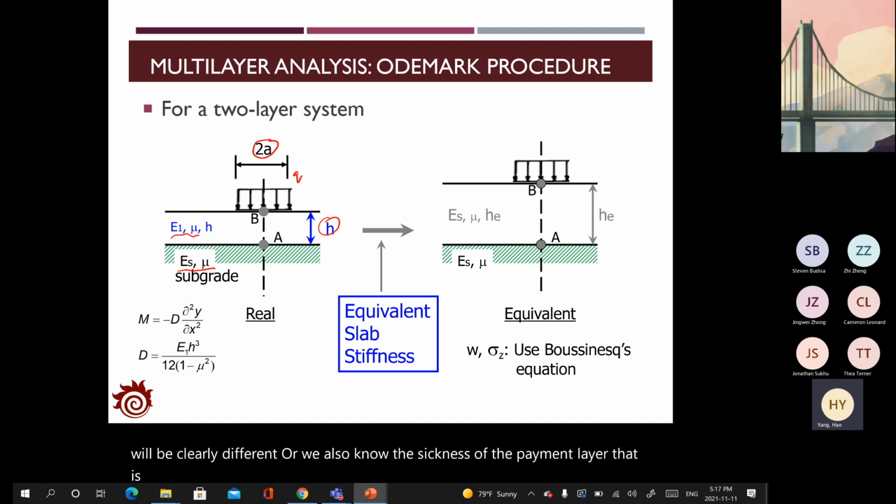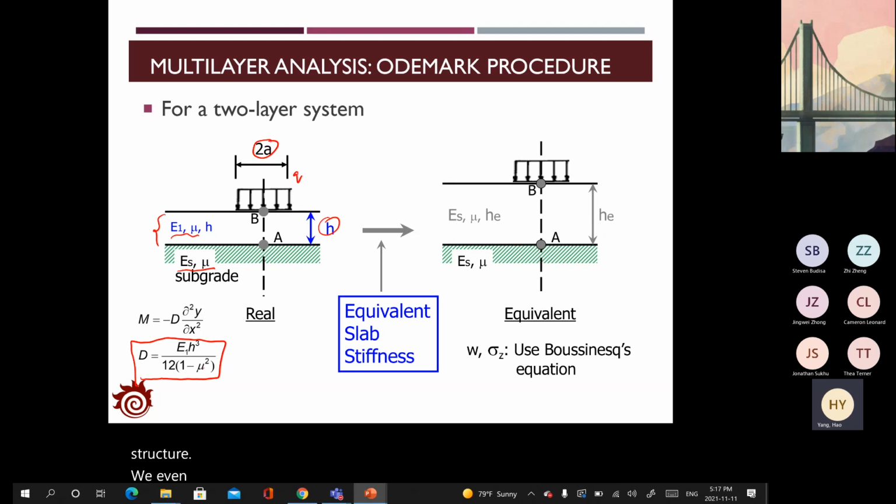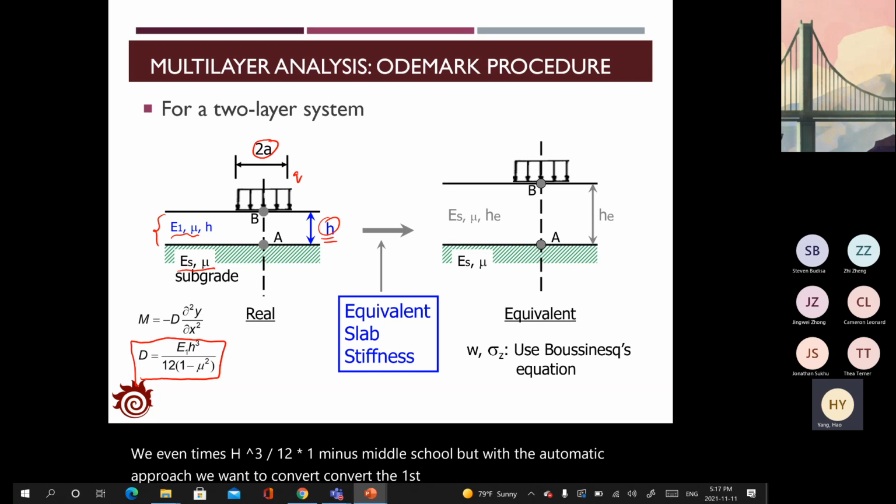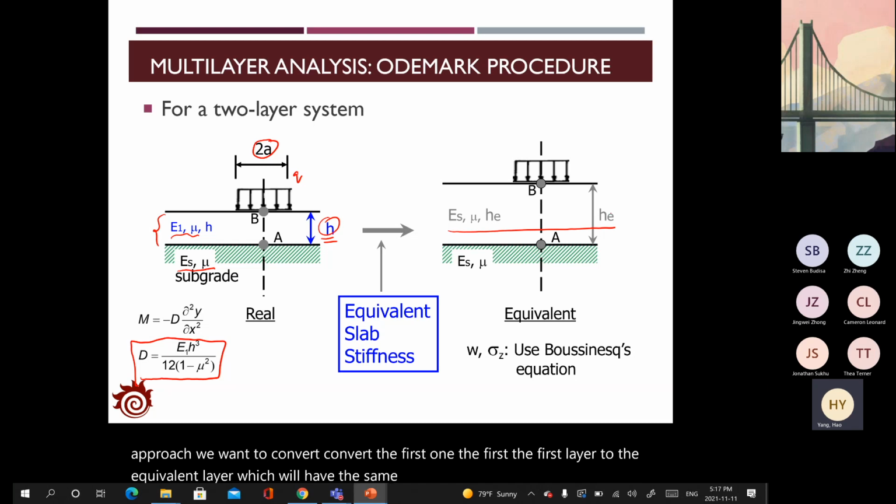With that, we can measure the stiffness of the pavement structure. That will be E1 times H cubed divided by 12 times (1 minus mu squared). But with the Odemark approach, we want to convert the first layer to an equivalent layer, which will have the same stiffness, but the thickness will be different.